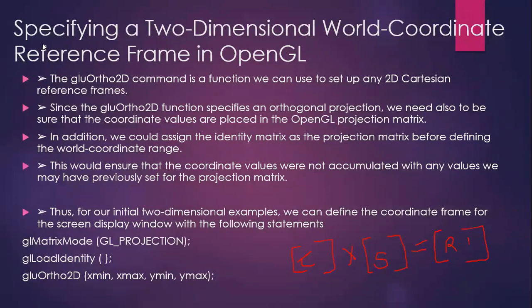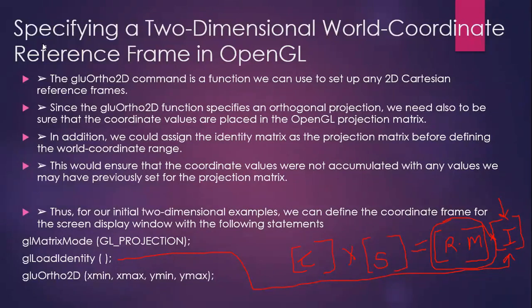When you multiply camera coordinates with screen coordinates, this resultant matrix also has to be multiplied with the identity matrix. So before getting a resultant matrix, the projection matrix will have an identity matrix. So here you are going to load the identity matrix now.